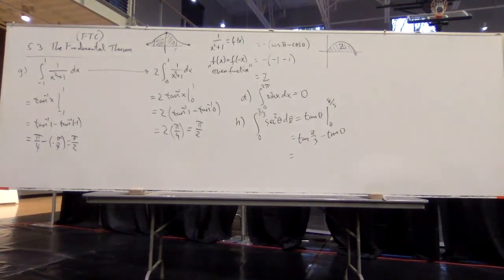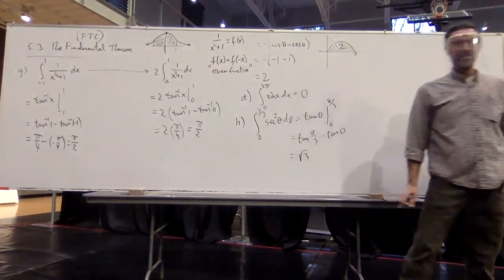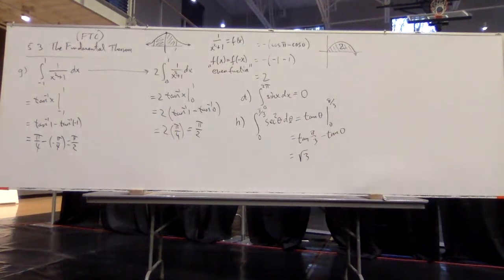Square root 3. Tangent of 0? Zero. It passes through the origin, tangent. Okay, questions? Square root 3 is our answer.